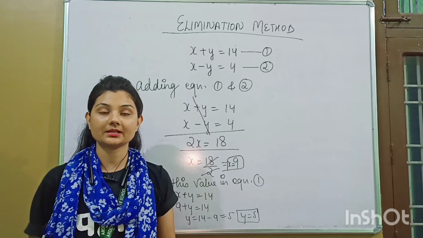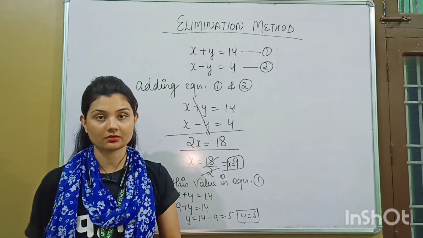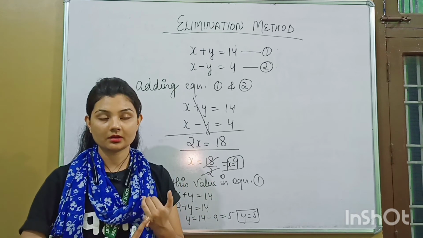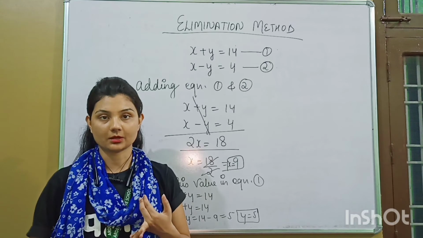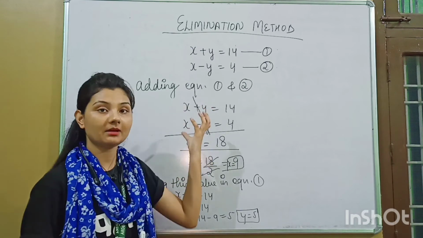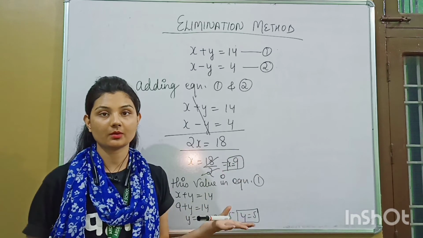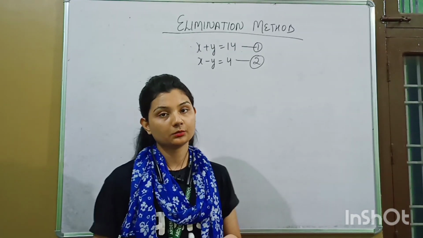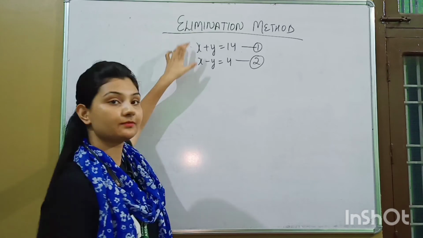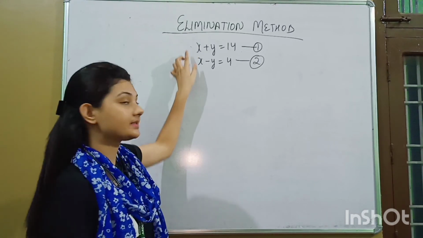It is not compulsory that you only add the equations. You can either add or subtract. Suppose the second method of solving these equations by elimination is subtracting both equations. Now we will remove the variable x from here, as both have the same sign.